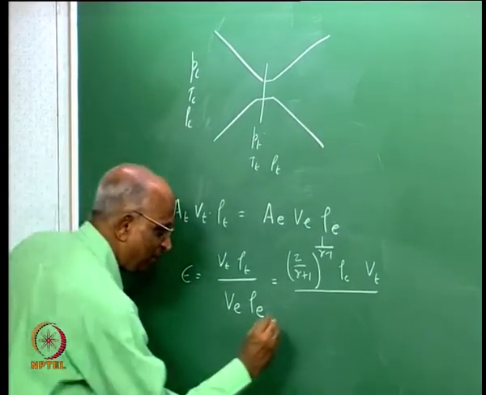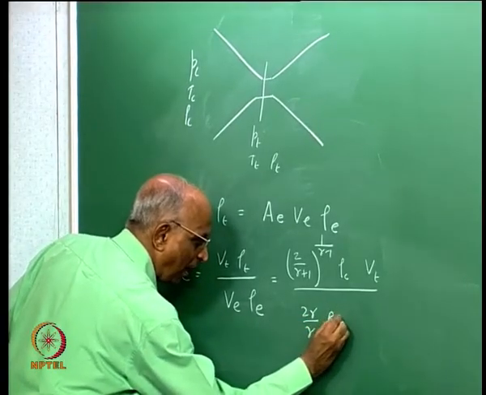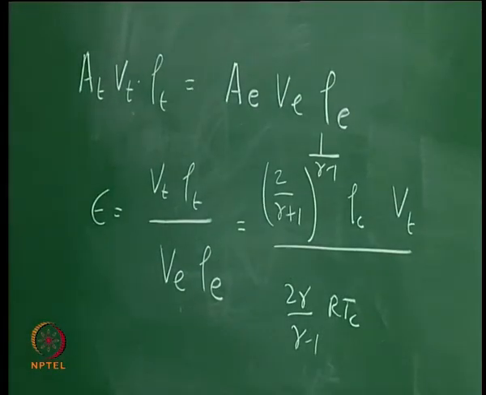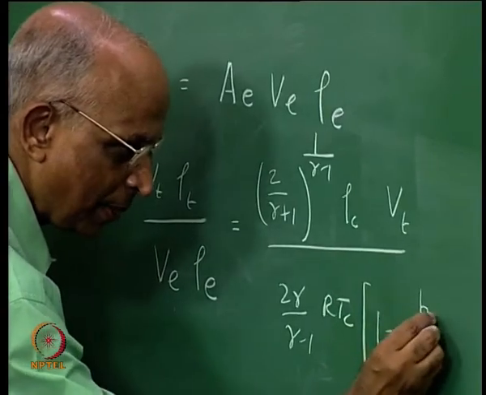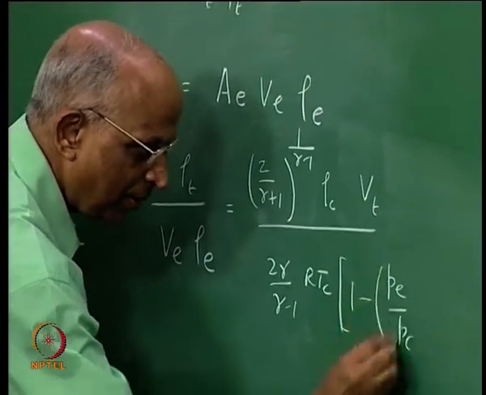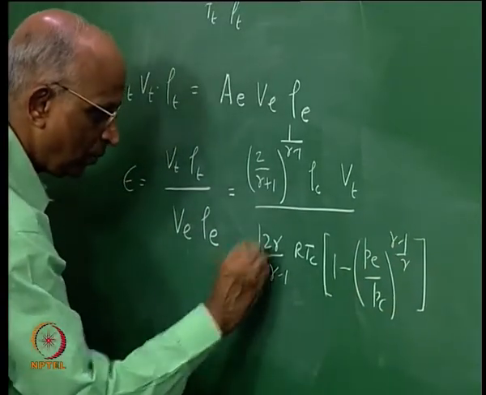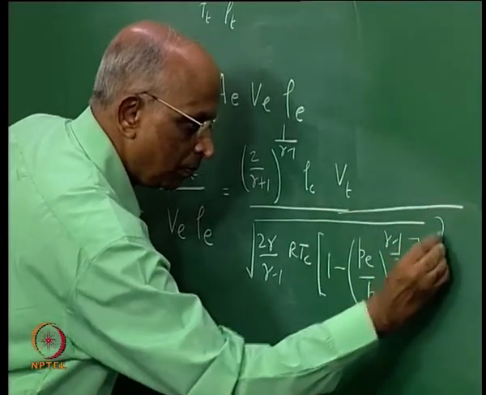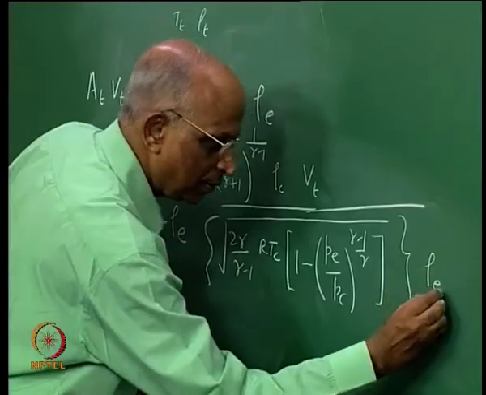What is the value of Vj? Under root 2 gamma RTc divided by gamma minus 1 into 1 minus Pe by Pc to the power gamma minus 1 by gamma, into the value of rho e.